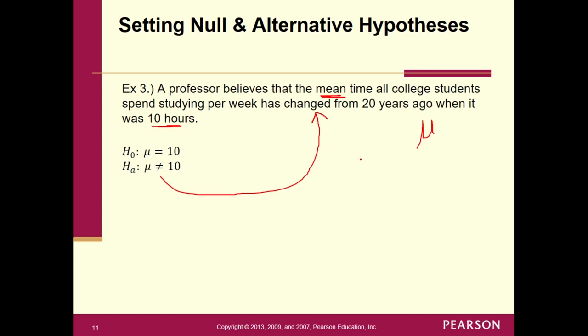So I think everybody should be okay with this, but let's explore more. Why is it a not equal to sign? Well, if you see in the problem, has changed, is different, not equal to. Any good synonym for has changed or is different. We just want to notice any kind of change, and the change could be less than or it could be greater than, and we want to pick up on either way.